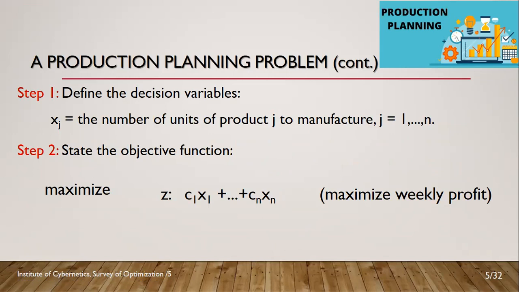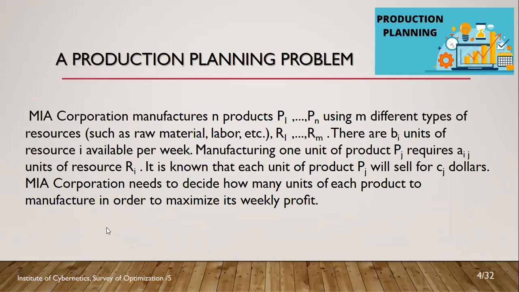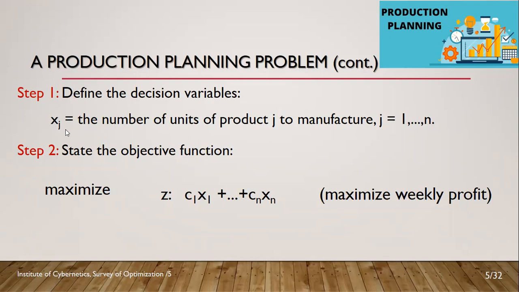We use index i for the resources and j for the products. And then our decision variables would be x sub j, which reflect the number of units of product j to manufacture, where j varies from 1 to n. Then the objective function is easy to formulate. Specifically, our objective is to maximize actual weekly profit.